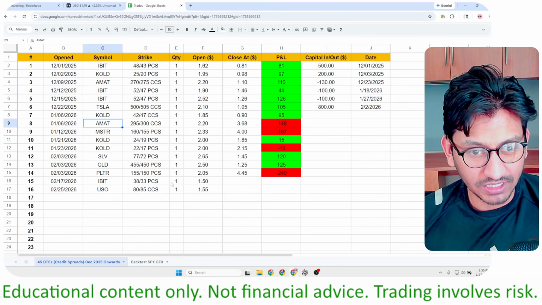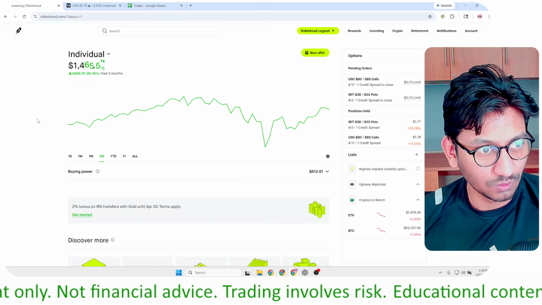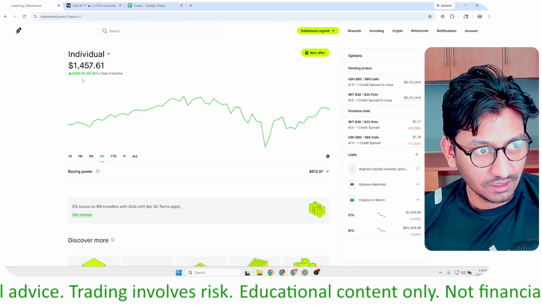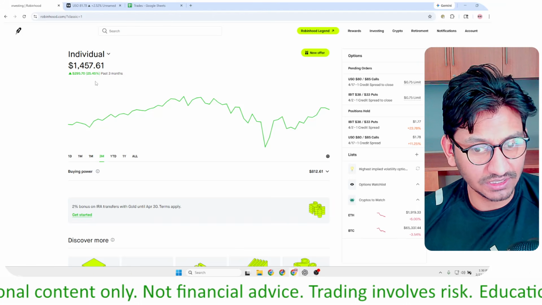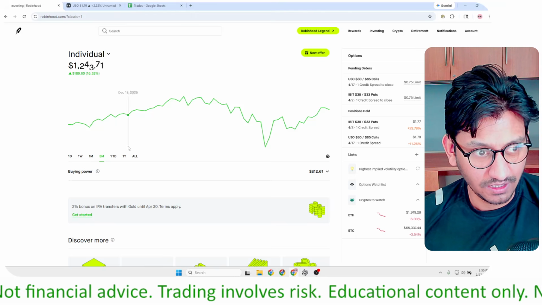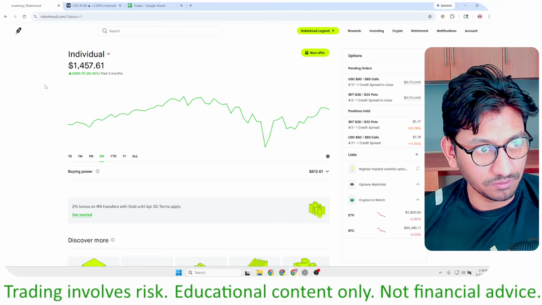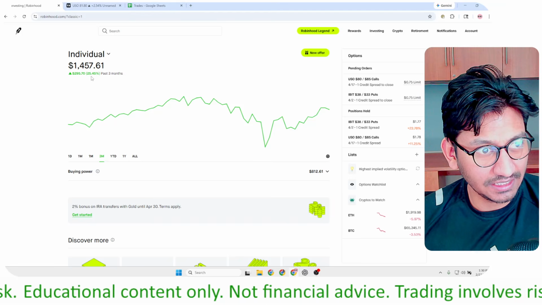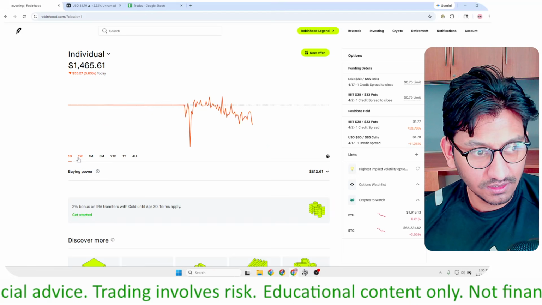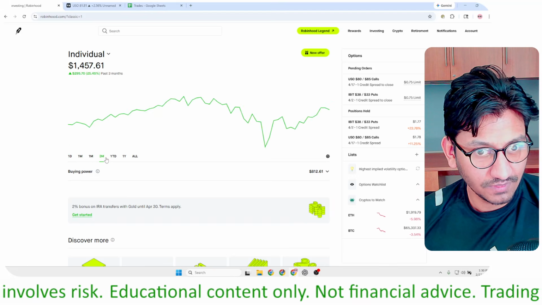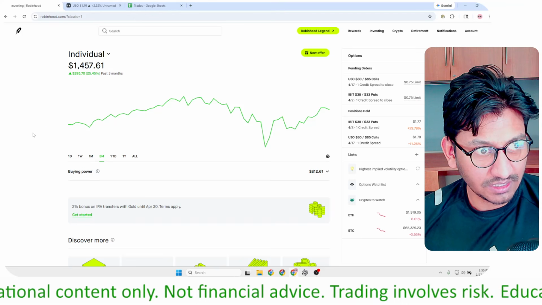If I did not make those losses, making $300 in the last 3 months, it would have been better, right? But this is not bad. This is me trading sloppily. I'm making at least 8% per month. That's pretty good. Okay, so this is the past 3 months.